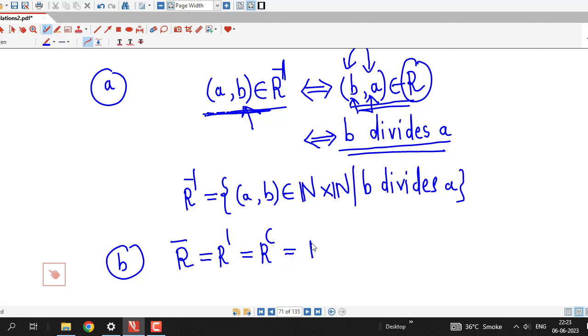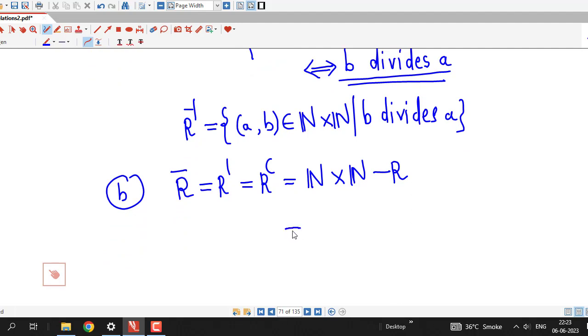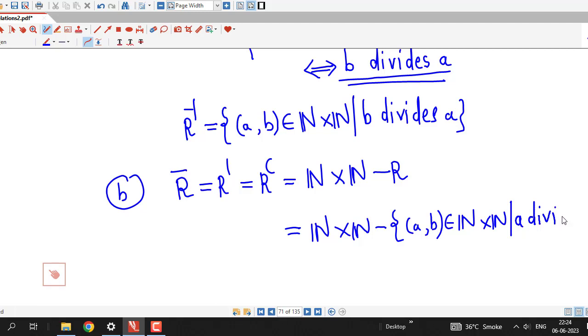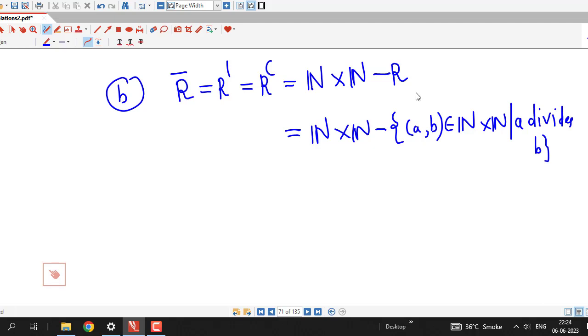This is going to be N cross N minus the given relation R. This means N cross N minus all those ordered pairs (A, B) in N cross N such that A divides B. If A divides B, then the ordered pair (A, B) is a member of relation R. But we don't require all these ordered pairs (A, B) for which this condition is satisfied.